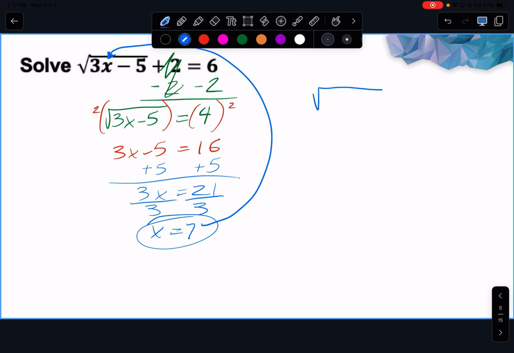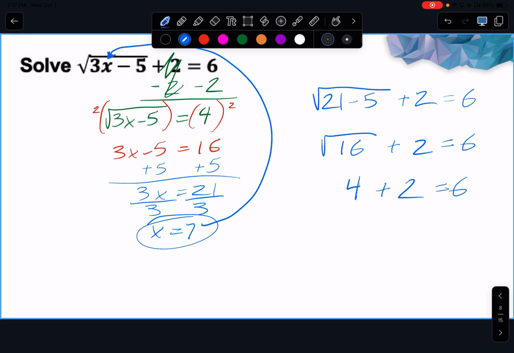So I've got the square root of 21 minus 5 plus 2. And this should equal 6, okay? So what's 21 minus 5? 16. Okay, so now we have the square root of 16 plus 2 equals 6. What's the square root of 16? 4, right? Is 4 plus 2 6? Then we're good. Check mark. Star. Smiley face. Highlight. Woo, that's a right answer.